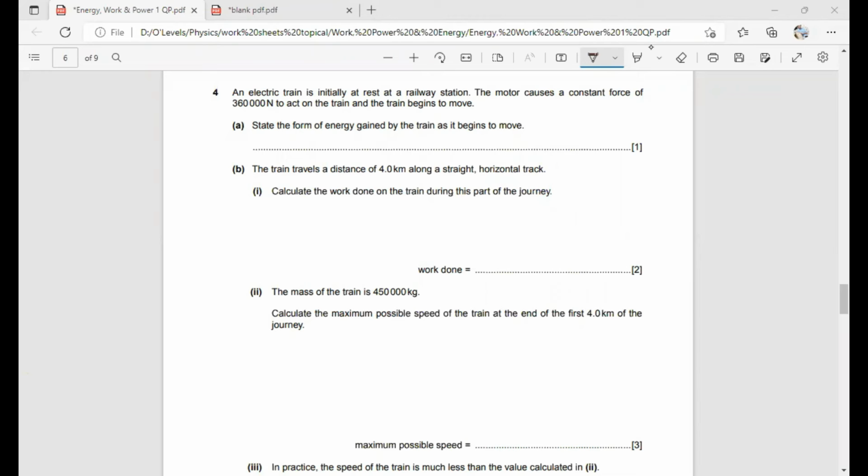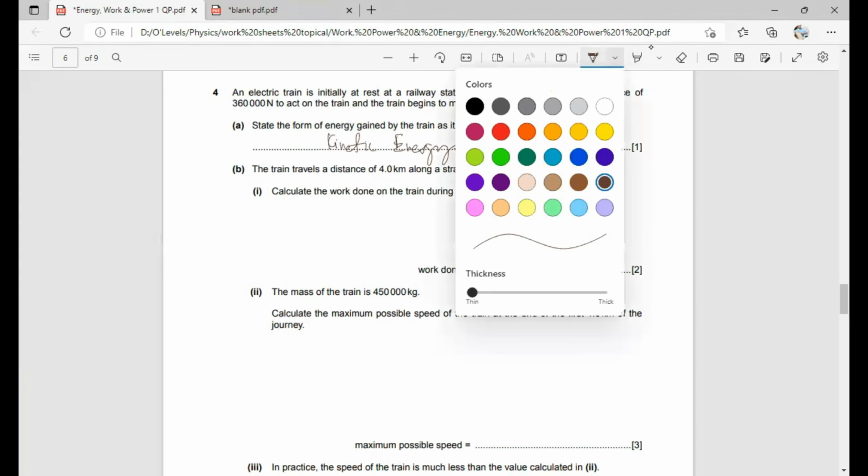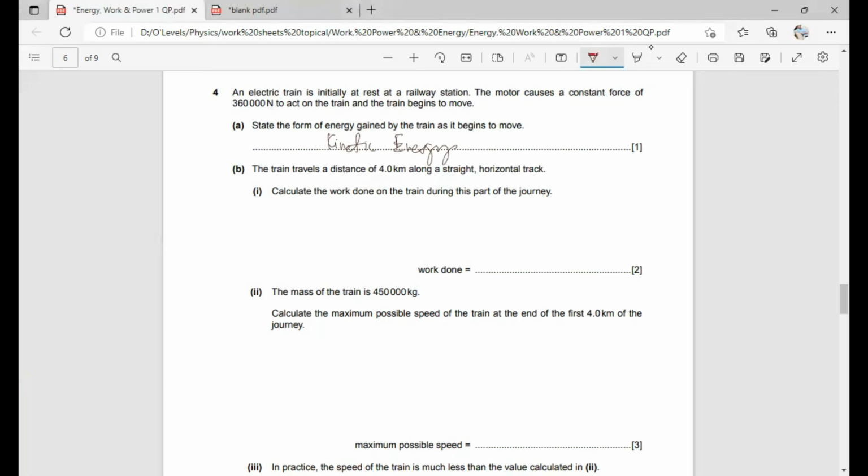Remember one thing, the motional energy is kinetic energy. So we have to write the name kinetic energy. The train travels a distance of 4 kilometers along a straight horizontal road.